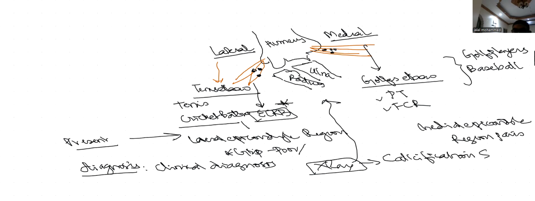And if you do an MRI, it will show edema of the respective muscle. In medial epicondylitis, pronator teres and flexor carpi radialis. In lateral epicondylitis, ECRB is inflamed.